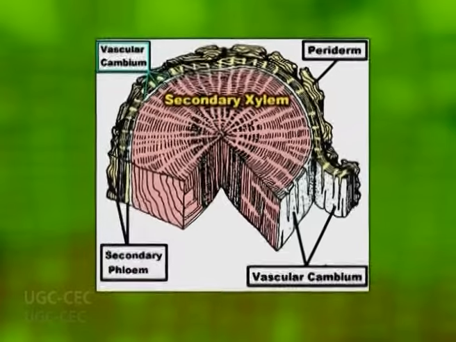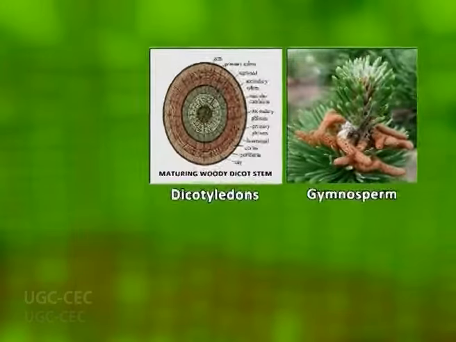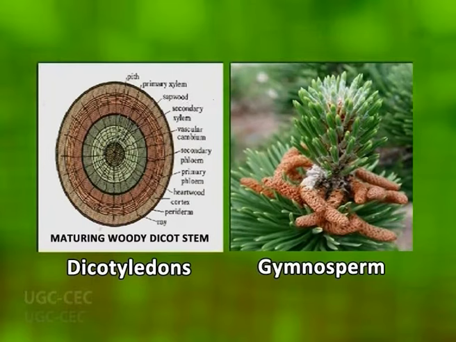The periderm is a protective tissue of secondary origin which replaces the epidermis when the latter is destroyed as the axis increases in girth by extensive secondary growth. It is commonly found in roots and stems of woody dicotyledons and gymnosperms.